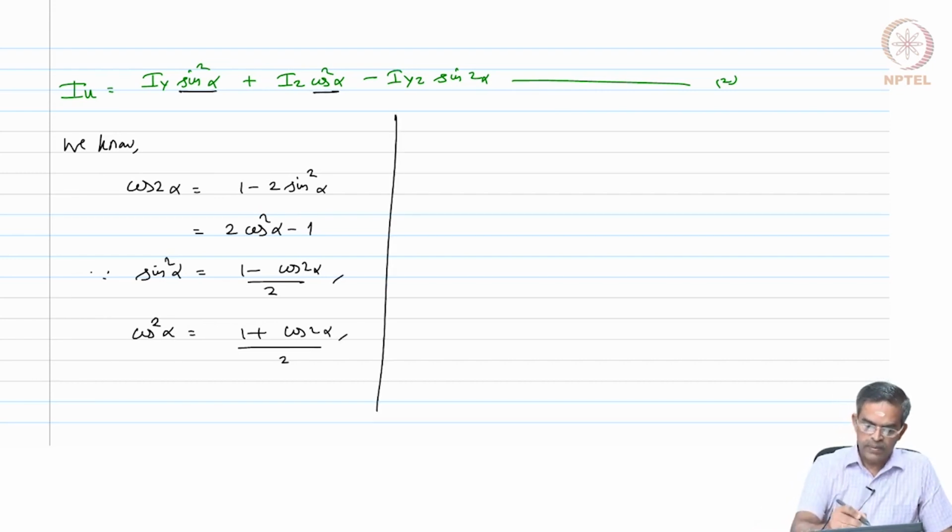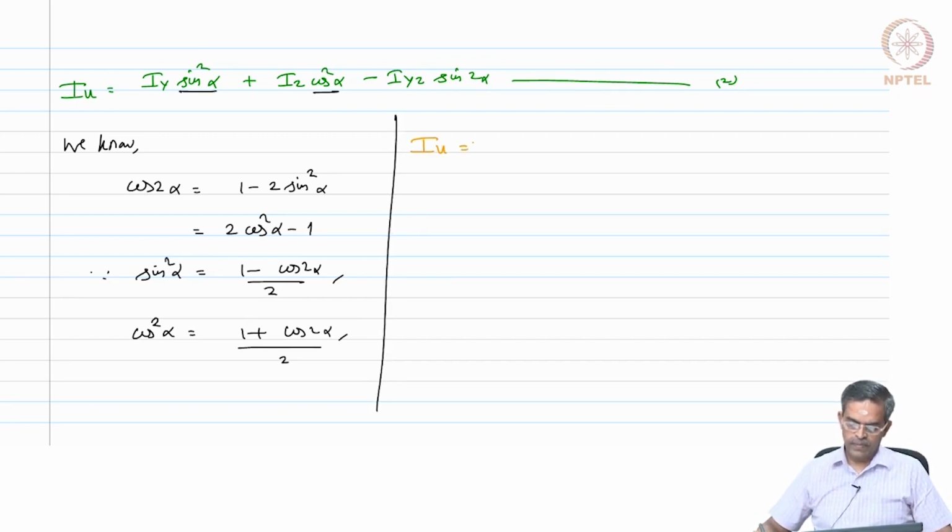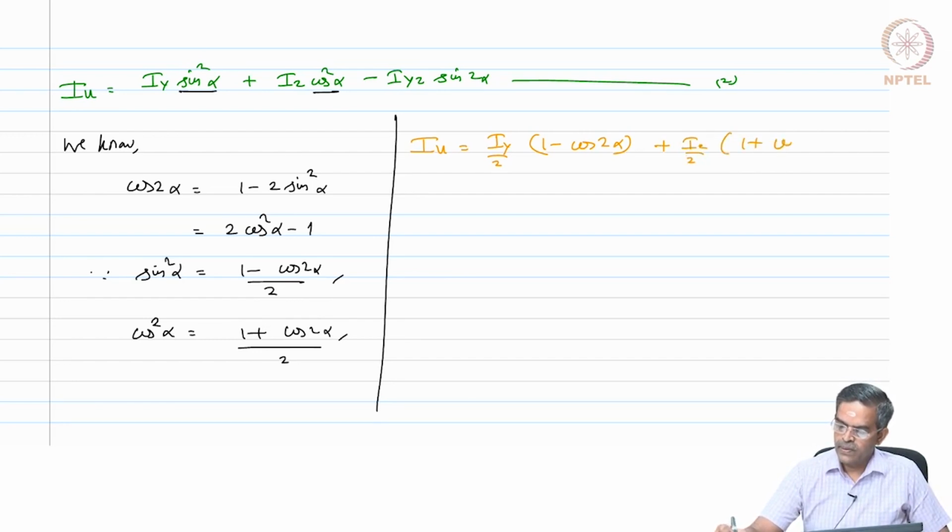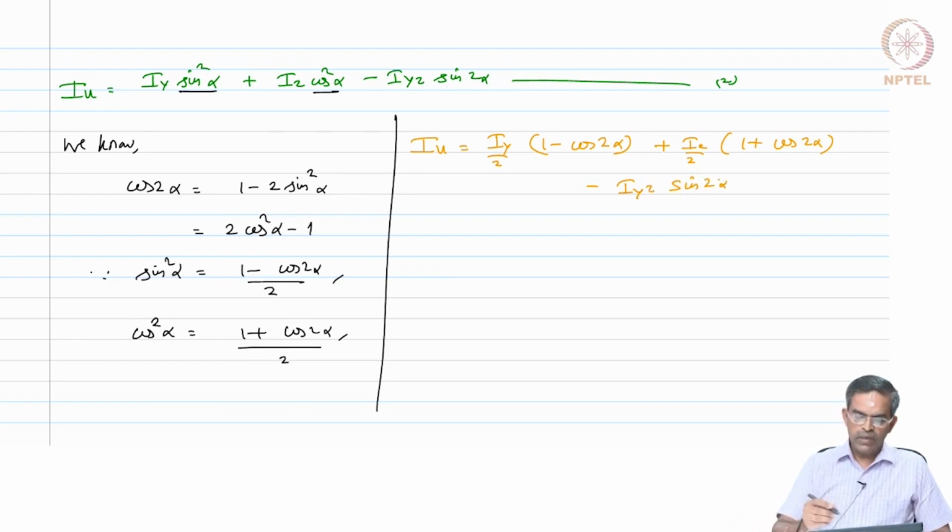Therefore, I can now get IU as IY by 2 times (1 minus cos 2 alpha) plus IZ by 2 times (1 plus cos 2 alpha) minus IYZ sin 2 alpha. Am I right? We can further simplify this because I have IY by 2 and IZ by 2.